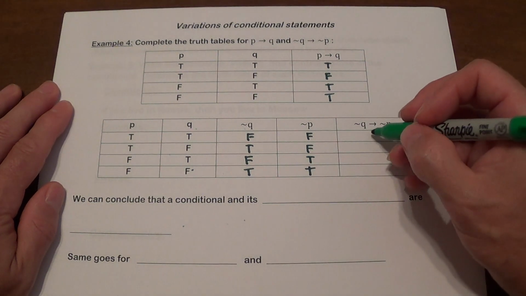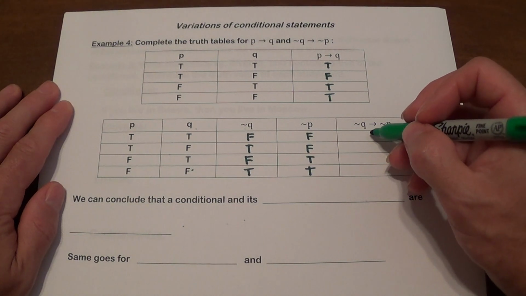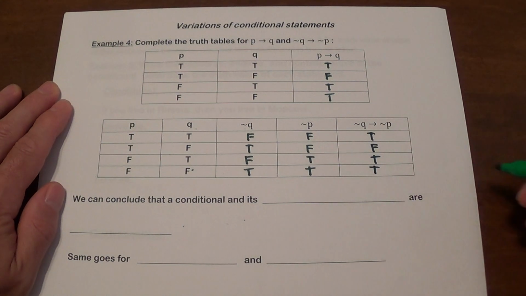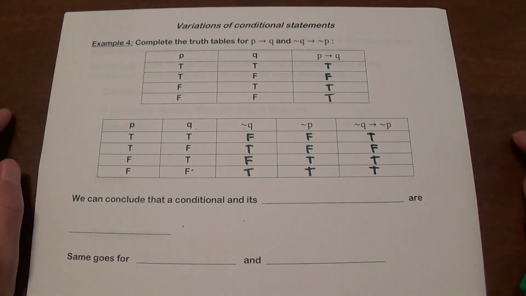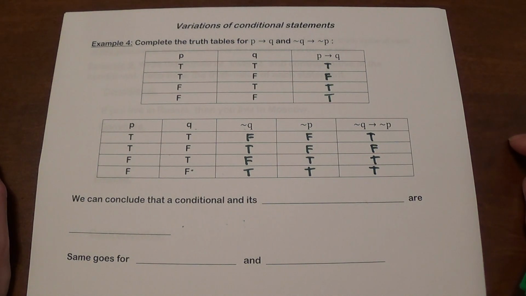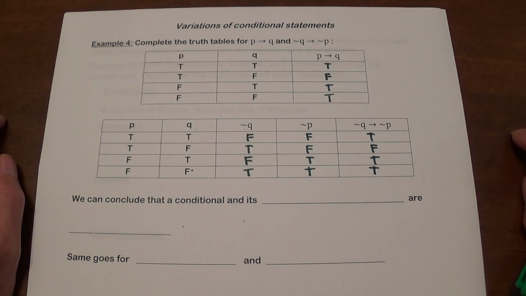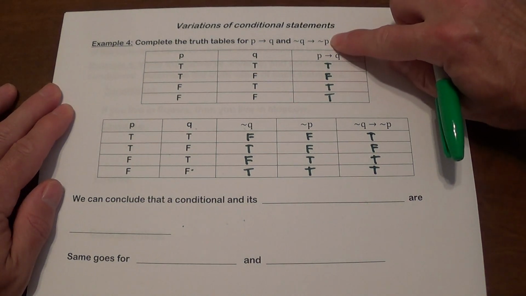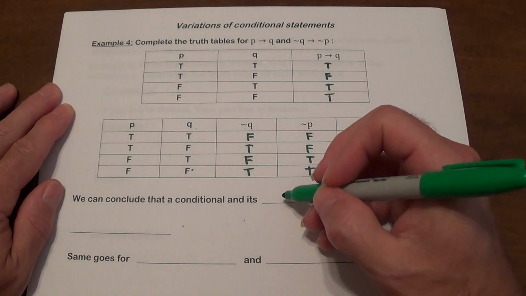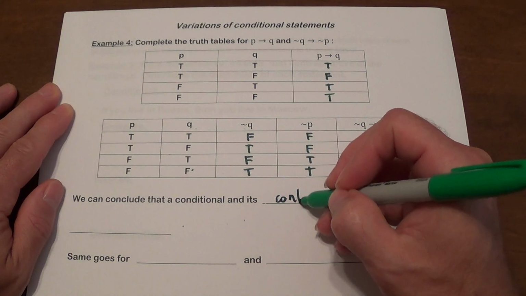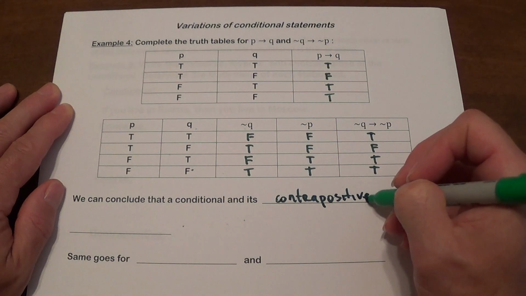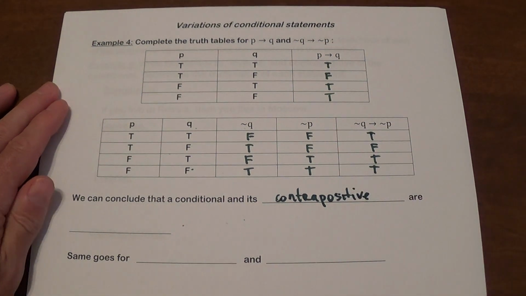And not Q implies not P will give us true, false, true, true. So, because they have the same exact truth values, the truth tables are identical, then the conditional and its contrapositive turn out to be equivalent.